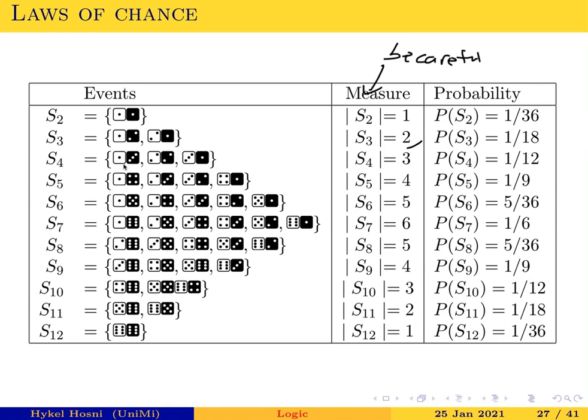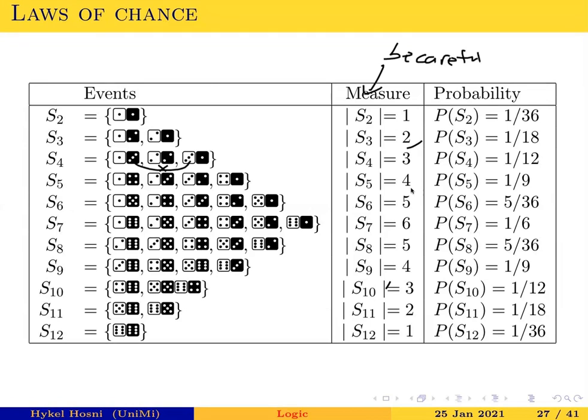Then sum 4 you can get in 3 distinct ways: the white die comes up 1 and black comes up 3, 2 and 2, 3 and 1. Please note those are not the same outcome. So 3 distinct ways. 5 you get in 4 distinct ways. 6 you get in 5 distinct ways. 7 you get in 6. 8 you get in 5 ways, and so on.